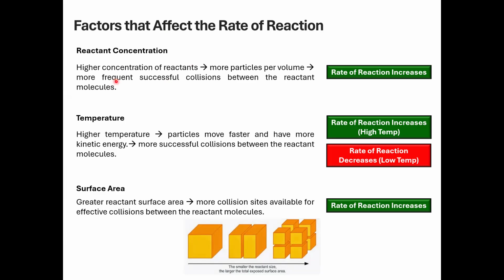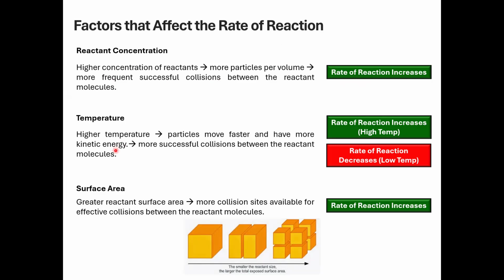If I had a beaker of highly concentrated reactant, there are more reactant molecules present, so they're more likely to collide with one another to form our products. So you have more frequent successful collisions between the reactant molecules because there's a higher number of them. Because of that, the rate of the reaction increases, because you have physically more reactant present in the reaction vessel.